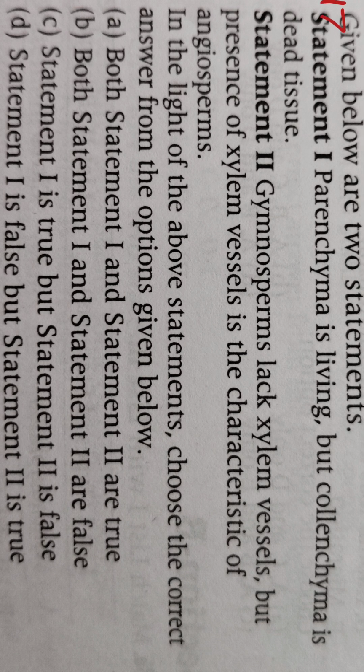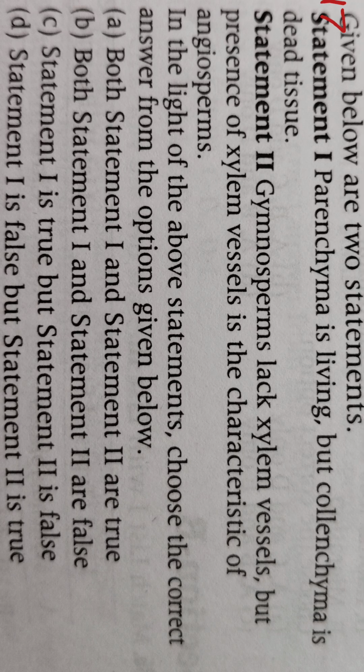Question 17. Given below are two statements. Statement 1. Parenchyma is living but collenchyma is dead tissue. Statement 2. Gymnosperms lack xylem vessels but presence of xylem vessels is a characteristic of angiosperms. In the light of the above statements, choose the correct answer from the options given below.